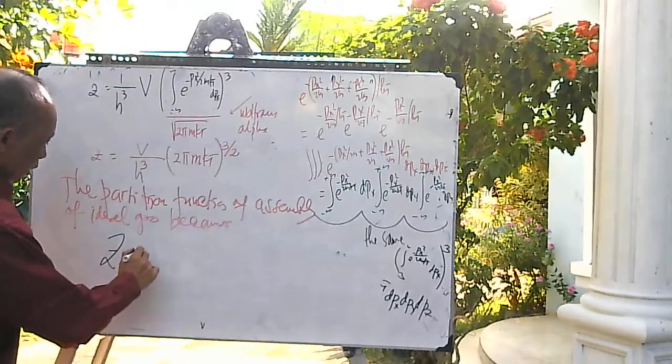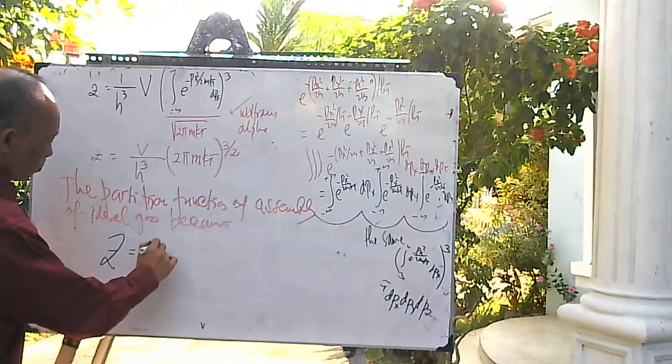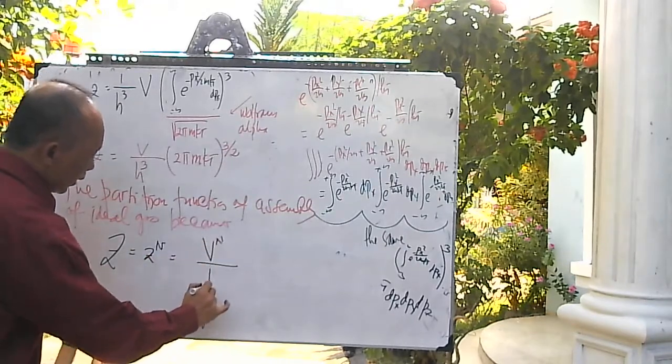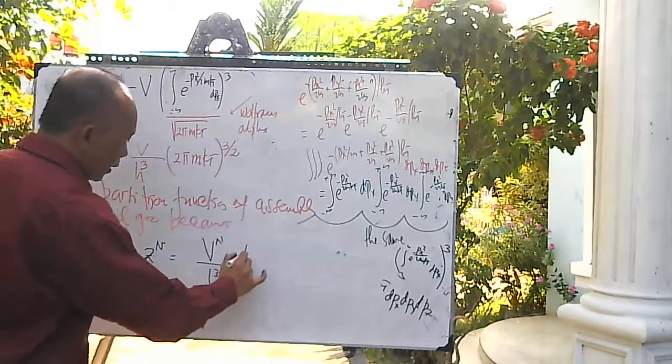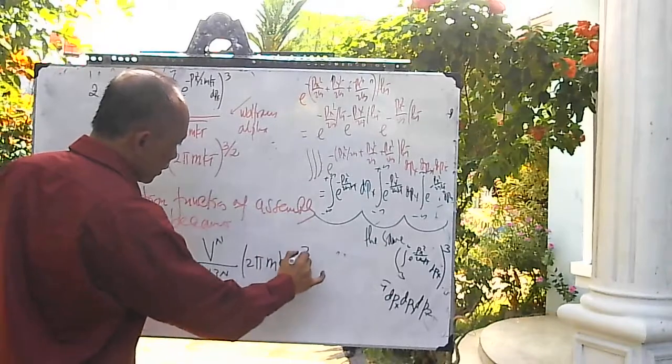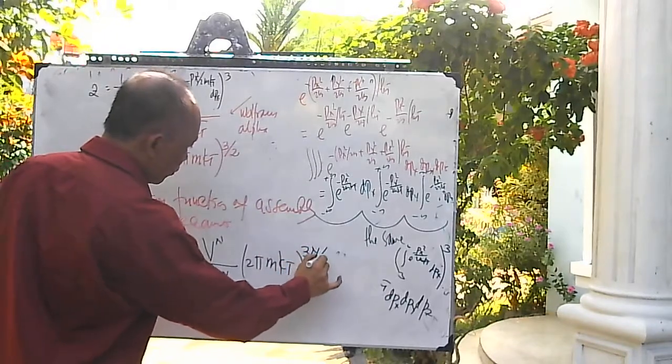Large Z equals small z to the power N. That means V over h cubed, times 2 pi m kT, to the power 3N over 2.